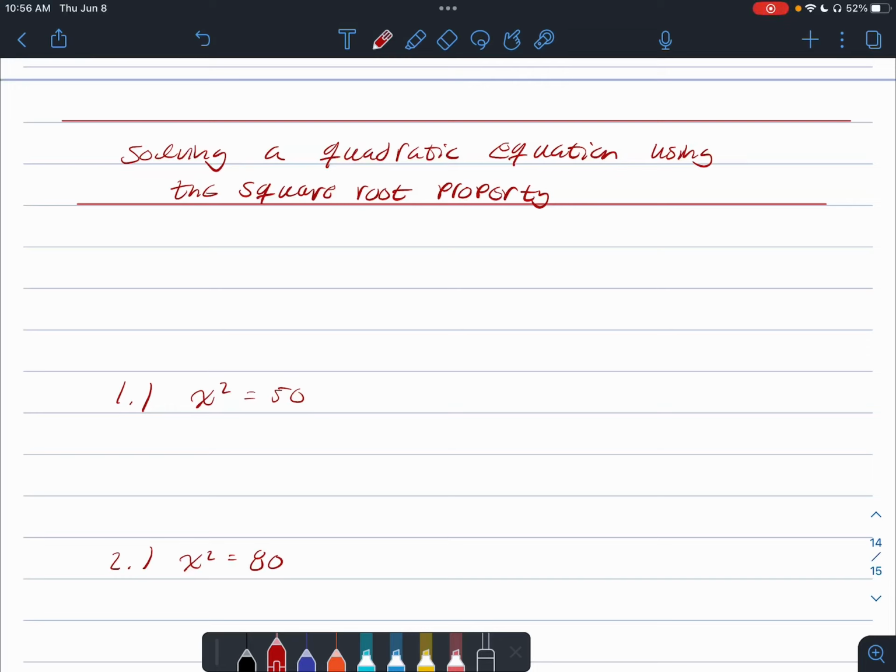In this video, we're going to be solving basic quadratic equations of the form x squared equals a using the square root property.